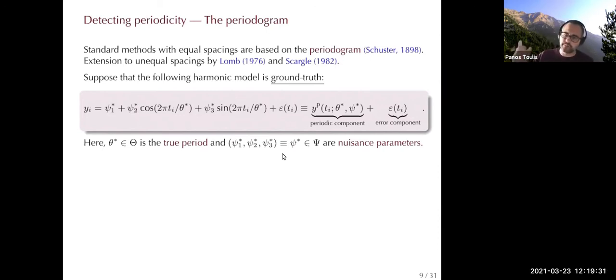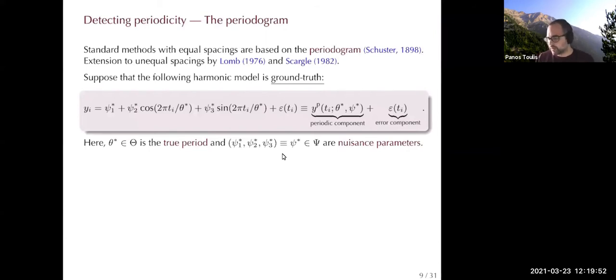But this is true for equal spacings. For unequal spacings, it was extended by Lomb and Scargle in their seminal work, and this is what I'm going to present right now, the so-called Lomb-Scargle periodogram. This is useful to us because it has a nice equivalent least squares interpretation. So that makes it even more intuitive to statisticians.